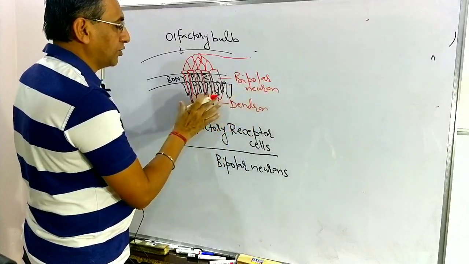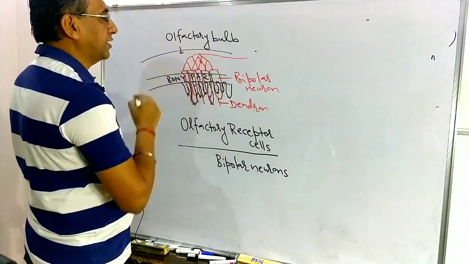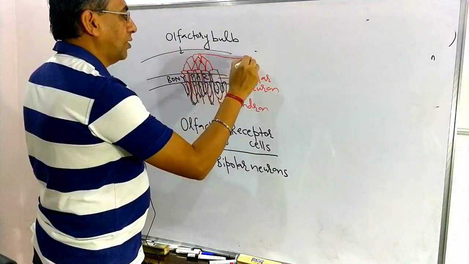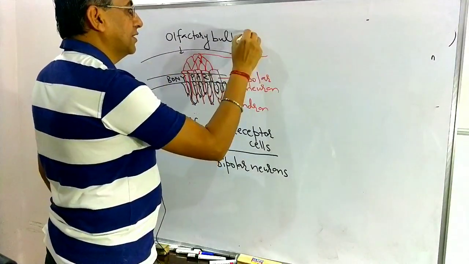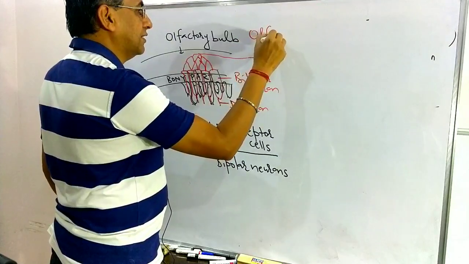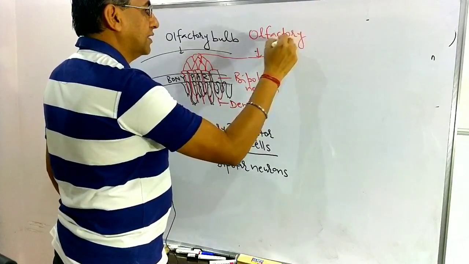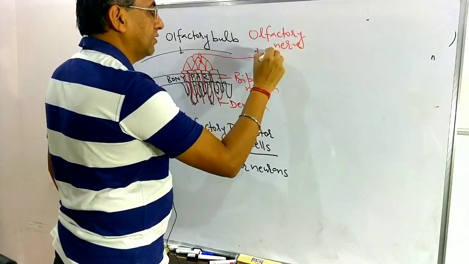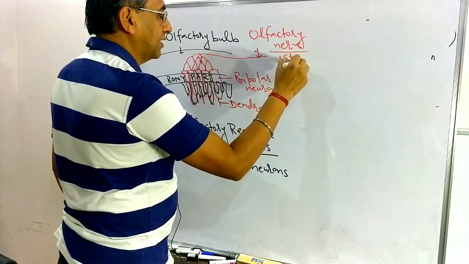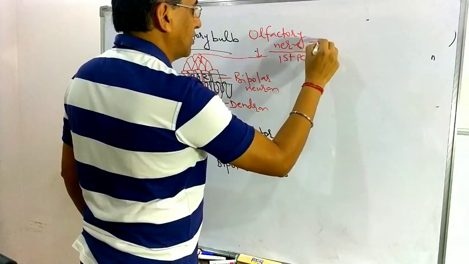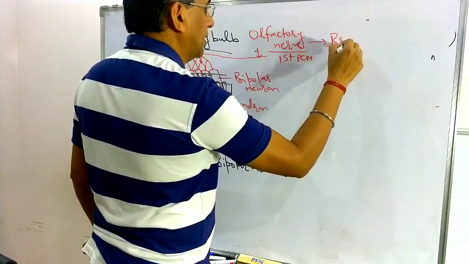Through the bipolar neurons, the smell is collected. It goes up to the olfactory bulb, and from the olfactory bulb a nerve arises that is known as the olfactory nerve. That is the first pair of cranial nerves. And from it, the sense of olfaction goes up to the brain here.